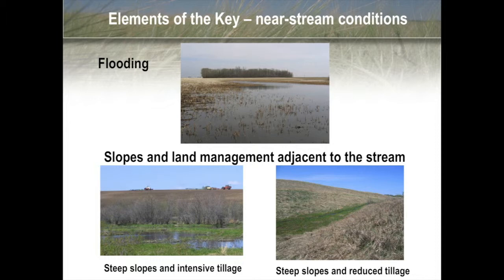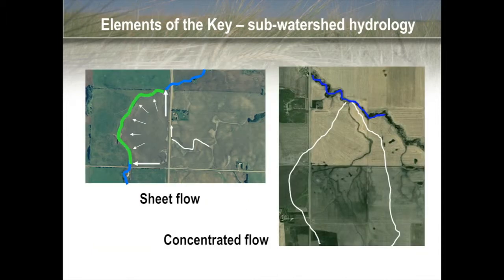Is it reduced tillage? There are different options depending on whether it's steep slope and intensively tilled, or steep slope and reduced tilled, or not steep slope. So they lead you to work your way through. There might be some interventions if it's steep slopes and intensive tillage.